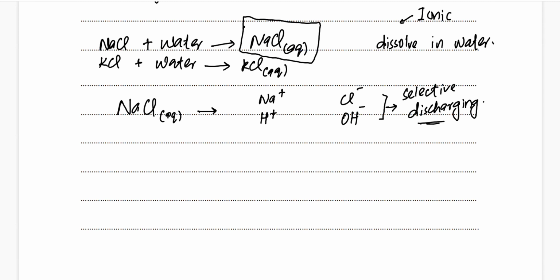When we have more than one ion, cations or anions, one of them will be preferred to be discharged. So it is called selective discharging, whether it is a cation or an anion. We need to know some factors for how these will be discharged. Let me tell you about selective discharging of ions.